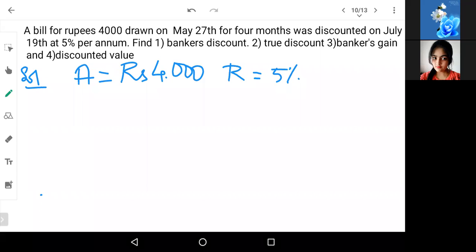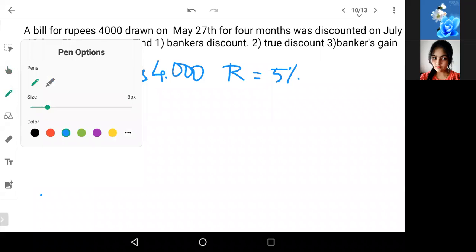And if you see the date, the bill was drawn on May 27th for 4 months and was discounted on July 19th. So in this problem, we are expected to calculate the bill date. So let us calculate the bill date.